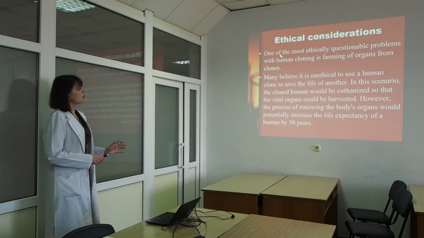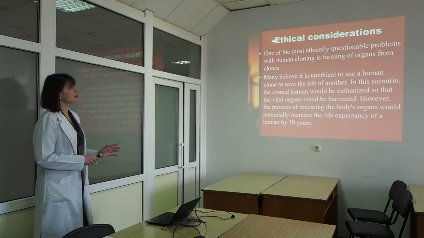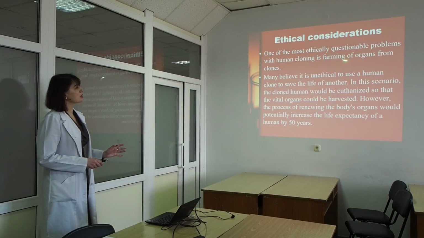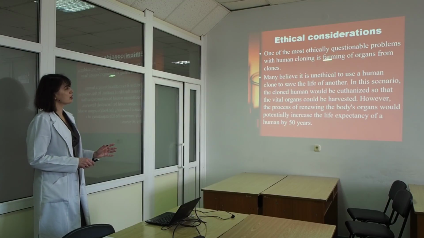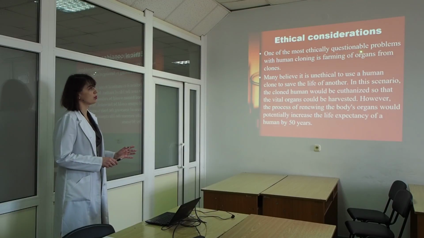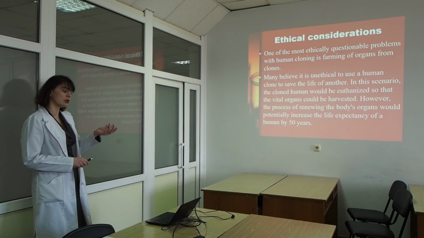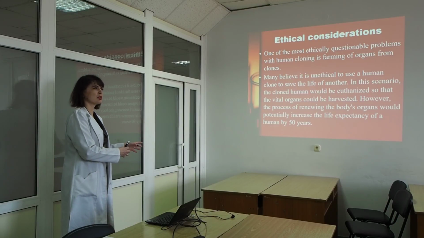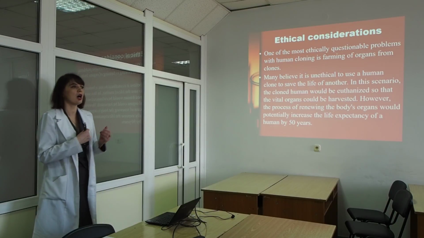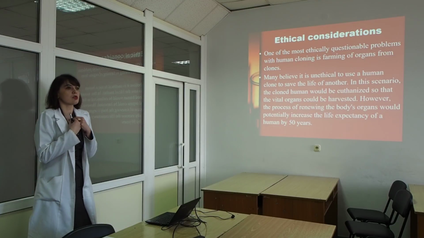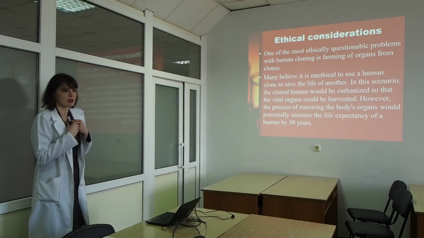And you know that we face different ethical considerations here, with farming of organs from clones. This is one of the most ethically questionable problems. If you produce one clone, take cells from me to produce cells for me intentionally, how can you kill this small child just to get some tissues for my treatment, for example?